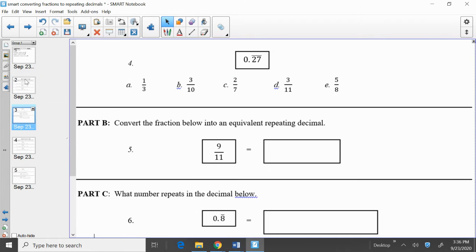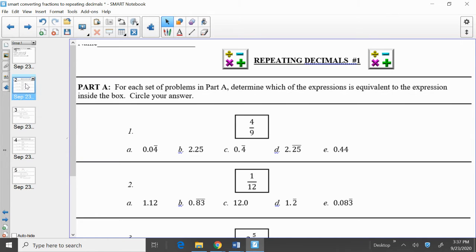Okay, so as we talked about in class, the easiest way to take a fraction and turn it into a decimal is to divide. And the easiest way to do that is if we have a calculator handy, we can certainly use that. So we take the numerator, divide it by the denominator, or some people say take the top, divide it by the bottom number. So I'm going to do that in my calculator.